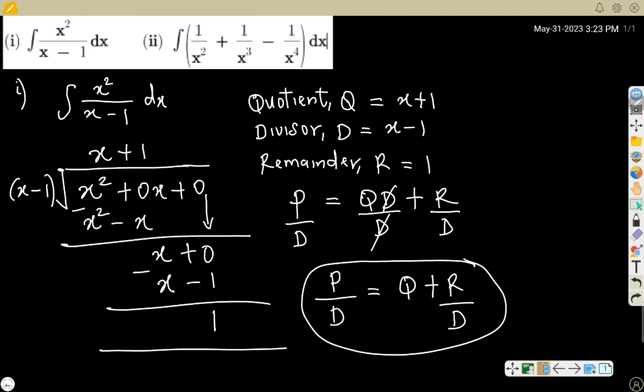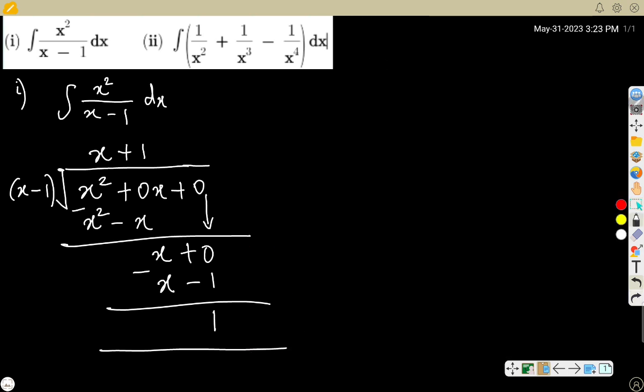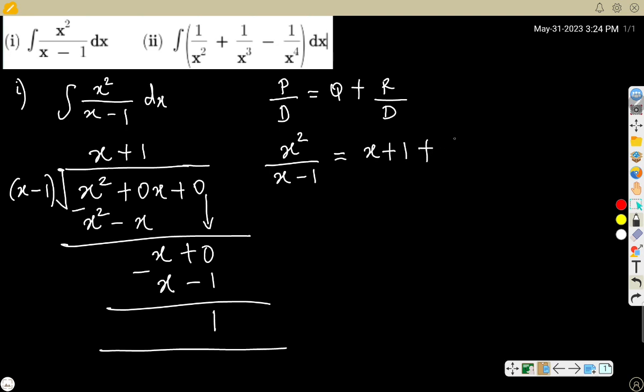So that means x squared divided by x minus 1, the divisor, is equal to the quotient, x plus 1, plus the remainder, 1 over the divisor.